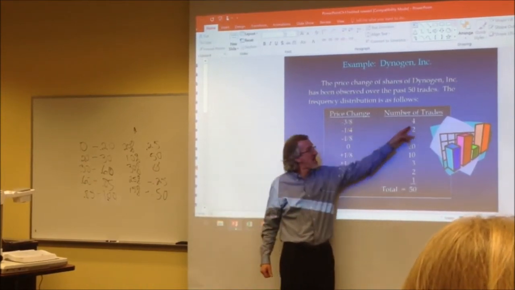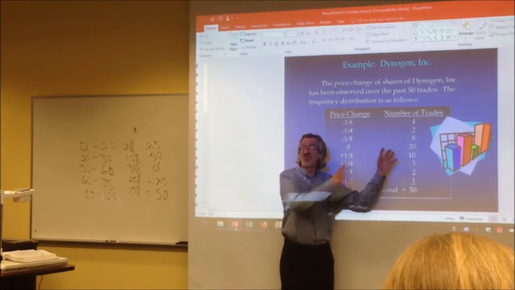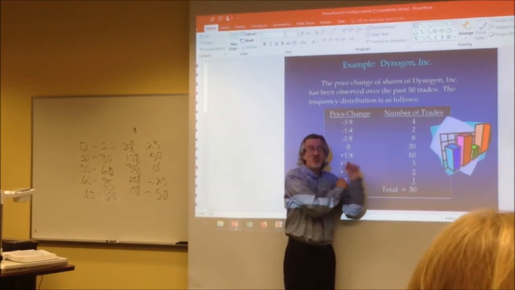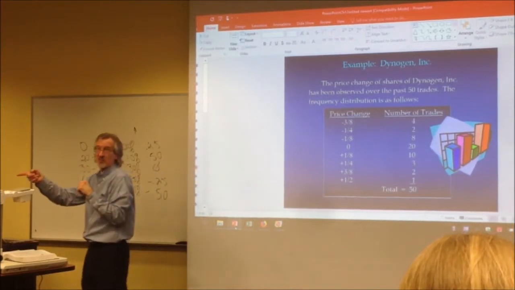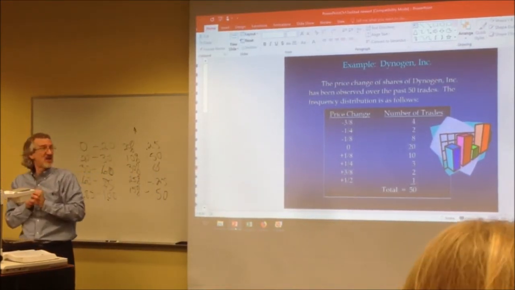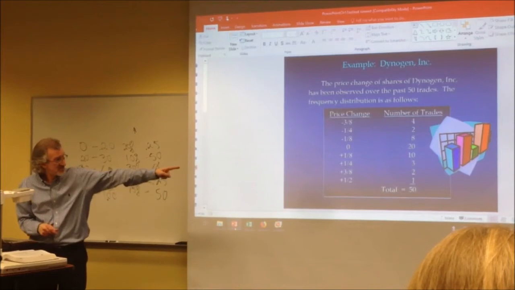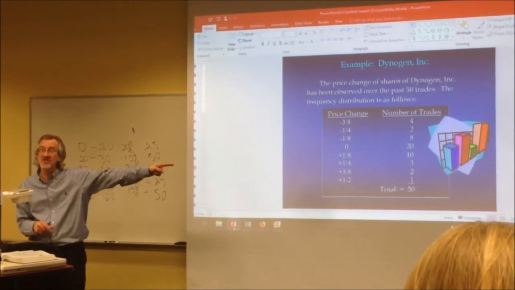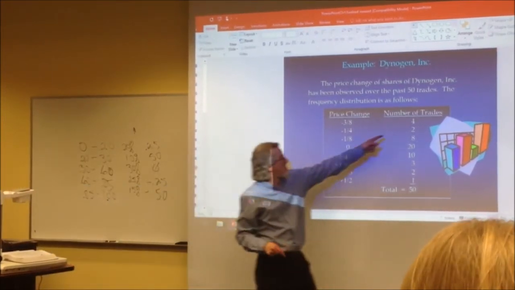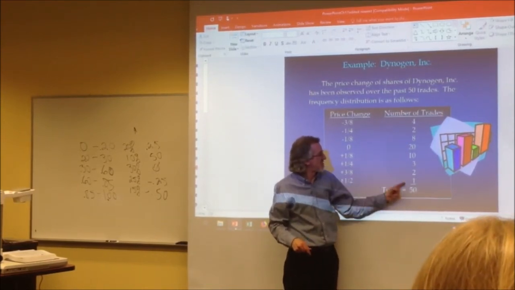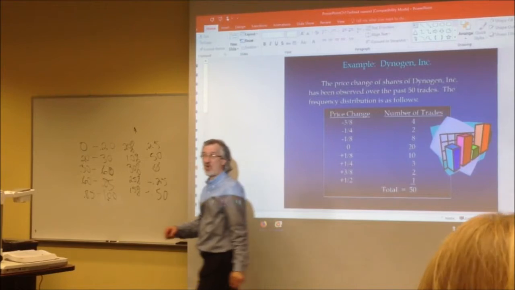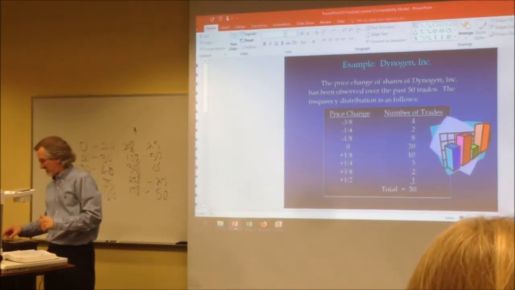And they said, here's how many. We're going to use this information to do a simulation of what the future changes could be for that stock price. And they said, we want to turn this past information into probabilities. And doing so, 4 divided by 50, 2 divided by 50, 8 divided by 50, 20 divided by 50 will all turn into probabilities and add up to 100%.